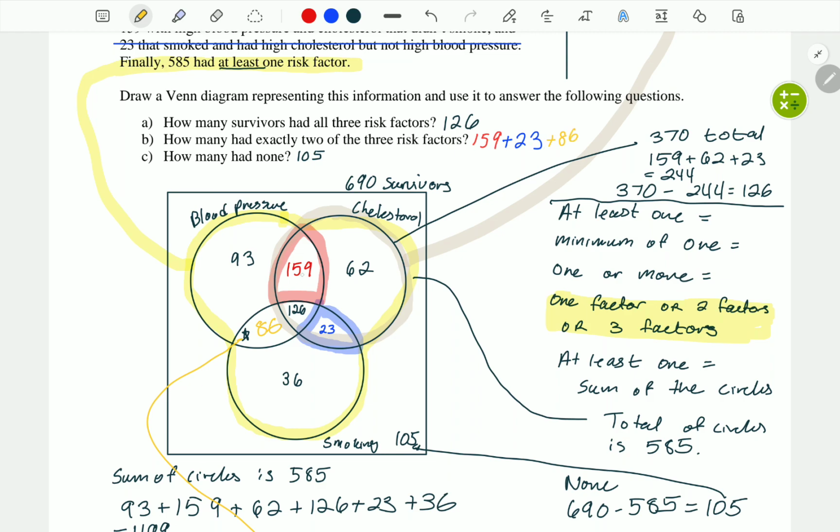These 3 numbers have exactly 2 of the 3 risk factors. And when I add those together, we get a total of 268. And that is the answers to A, B, and C.